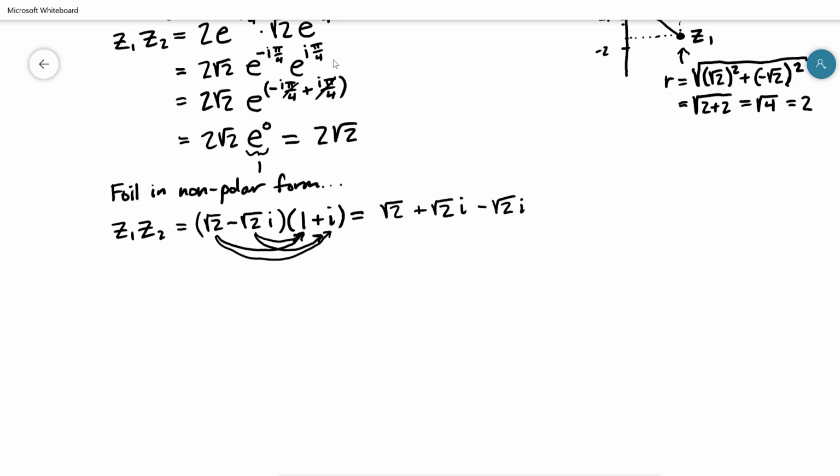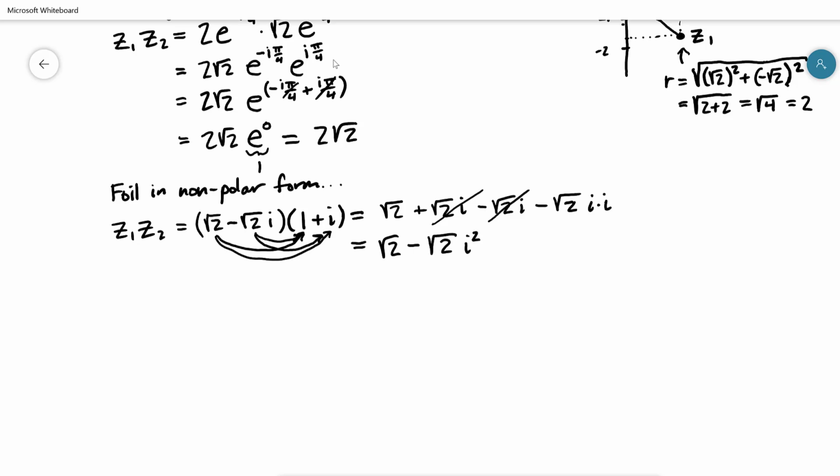And then lastly, I would get minus root 2. I have an I, and I'm multiplying by another I. So let's simplify what we've got here. First, those cancel. They're the same thing with opposite signs.